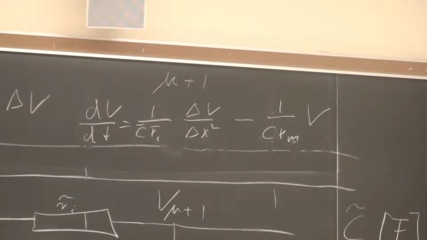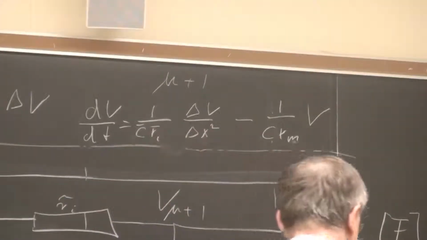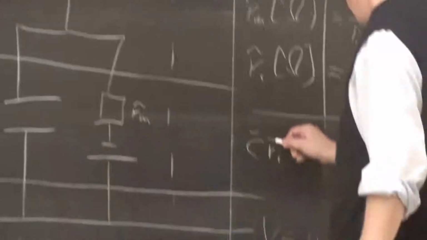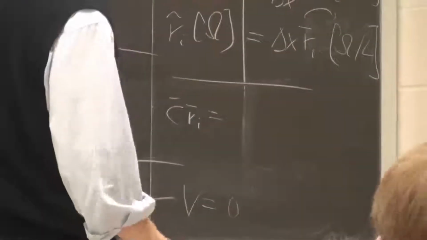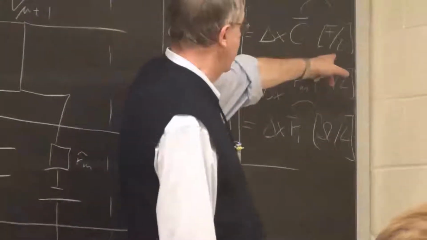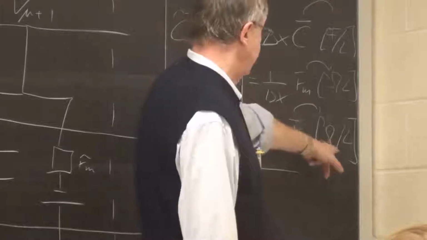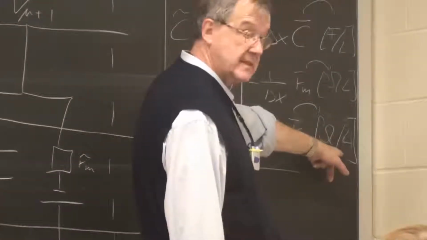If I look here in my table, then C bar Ri bar is farad divided by length times ohm divided by length.